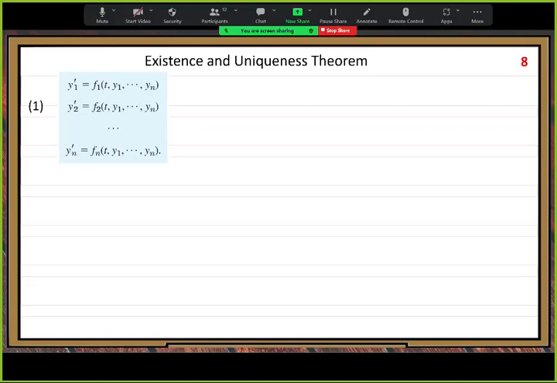Usually they are not linear functions. So our first version of the existence uniqueness theorem is not for the linear system, linear ODE. Corresponding to the ODE, we have the initial value problem.